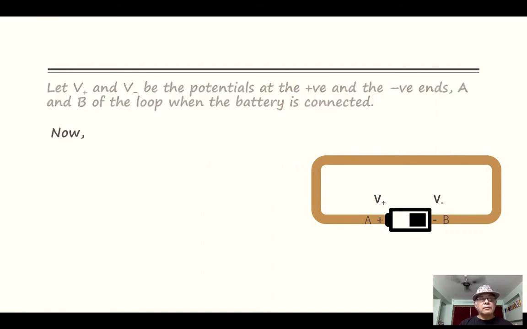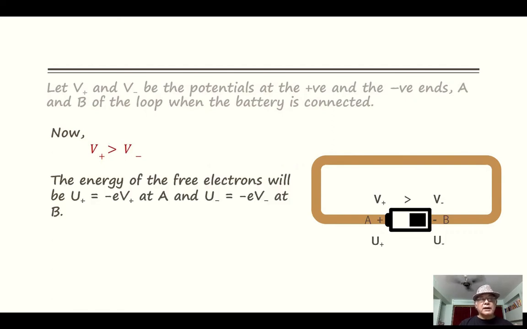Now, V+ is greater than V-. The energy of the free electrons will be U+ = -eV+ at A and U- = -eV- at B. Clearly, U+ is less than U-.